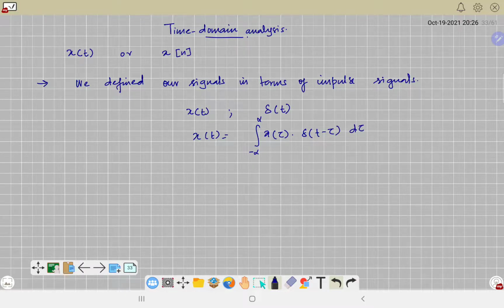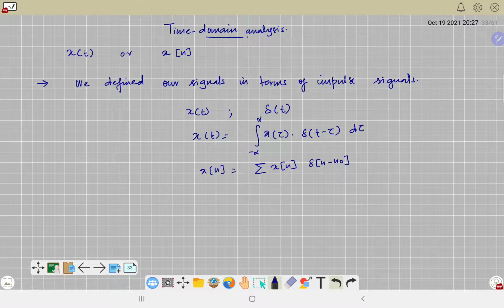We had a corresponding equation for the discrete time domain as well, which was a simple summation. I don't exactly remember the exact form, but the basic point was that we were expressing our input signals, whether in the continuous time domain or the discrete time domain, in terms of the impulse signal. This was a very important point. Then we did the analysis. We came up with a condition for stability and causality.